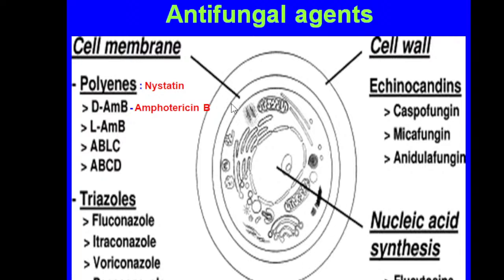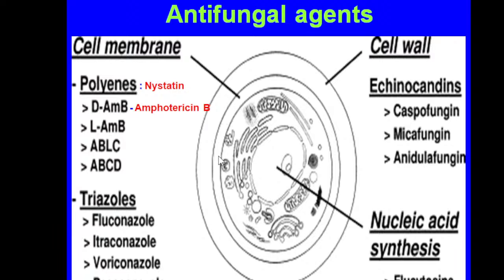So if this is the cell membrane, we have a very good group of drugs that are called polyenes. By the way, they are also antibiotics produced by other living organisms. And two are the best, nystatin and amphotericin B here. Then we also have a lot of so-called azoles that also have the cell membrane as a target.